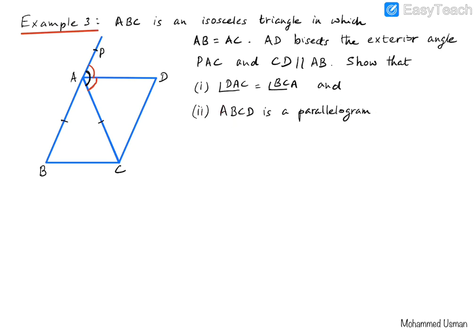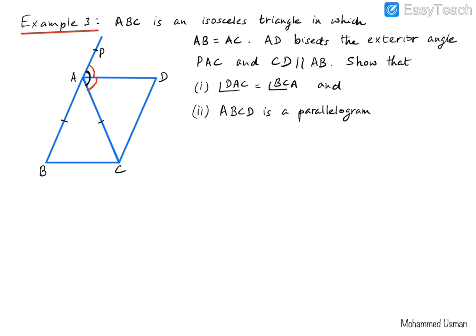To do this, the first thing we need to look at is the triangle ABC. We are given that AB and AC are equal, and we know from the rules of the isosceles triangle that the angles opposite to the equal sides are also equal. That means angle ABC is equal to angle ACB or angle BCA. So these two angles are equal.